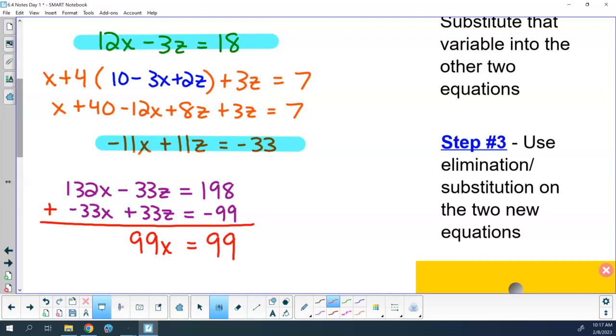So what's x? 1. Okay. So if x is 1, which equation do you want to plug it back into? Top or bottom? Bottom one? Yeah.